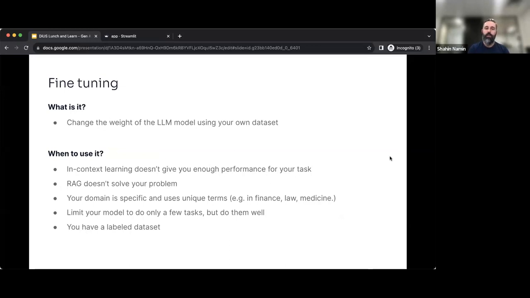One other reason that you want to go and fine-tune your model is because your domain is very specific and you use unique and specific terms, for instance, finance, law, medicine, and other industries and disciplines. So these are examples where you might want to fine-tune your own model. What happens when you fine-tune these models is that the models usually lose the capability to give you good answers for other tasks that they have been trained on.